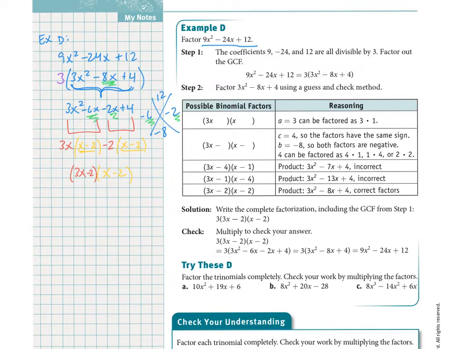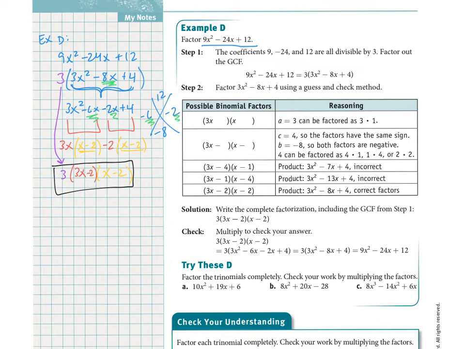And what's actually really nice is don't forget about this 3 up here. We actually bring that down into our answer as well. So that's really the only change in our answer. It's now 3 times 3x minus 2 times x minus 2. If we forget to divide out the greatest common factor, we could still factor the trinomial, but it's not in factored form, so you're not going to get the correct answer.